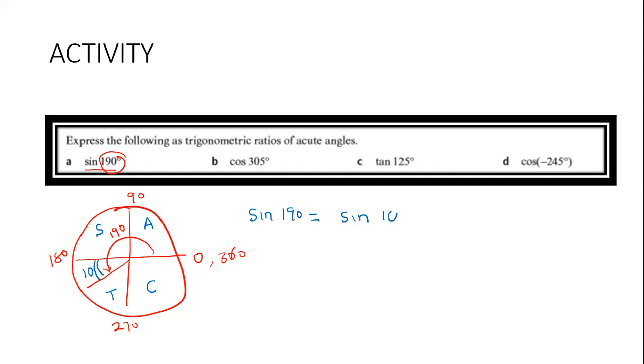Of angle sine 10. But in this quadrant, sine is negative, so you put a negative here to show that in that quadrant sine is negative. Tracy, just tell us in the chat whether you have picked that. Tracy, I'm waiting to see your response in the chat, whether it is okay or not yet.